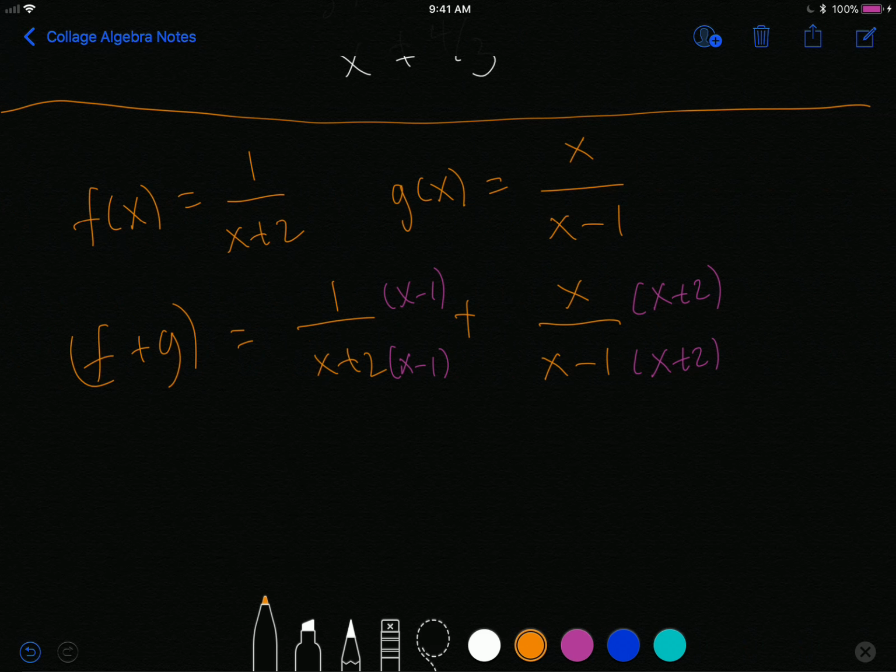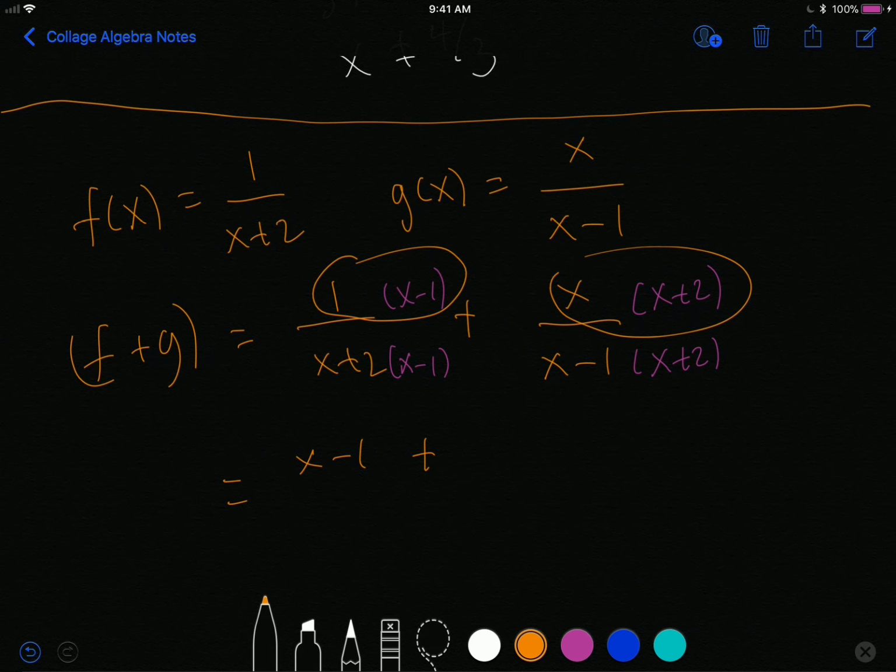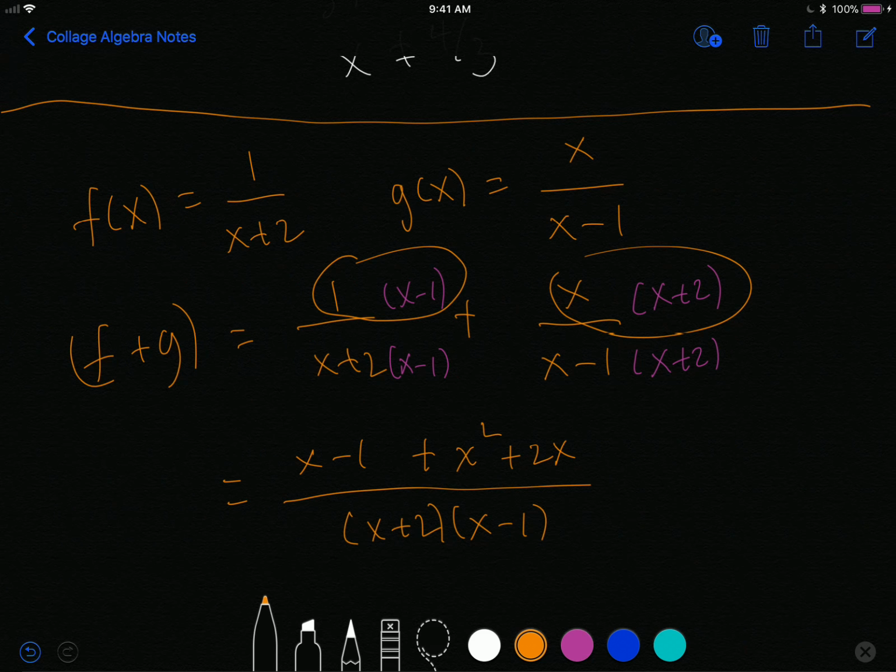And so that will leave me with, when you multiply these, you get x minus 1. When you multiply these, you get x squared plus 2x. And your denominator is x plus 2 times x minus 1.